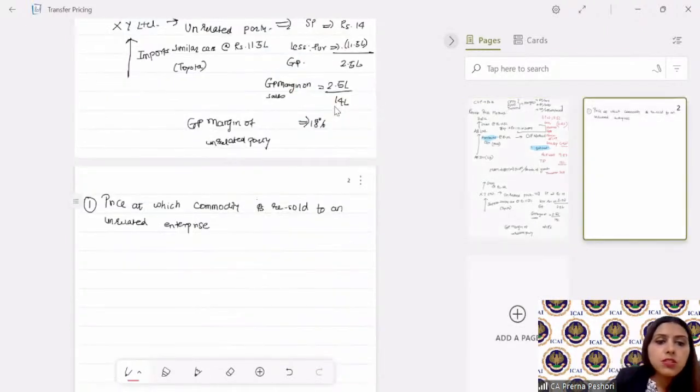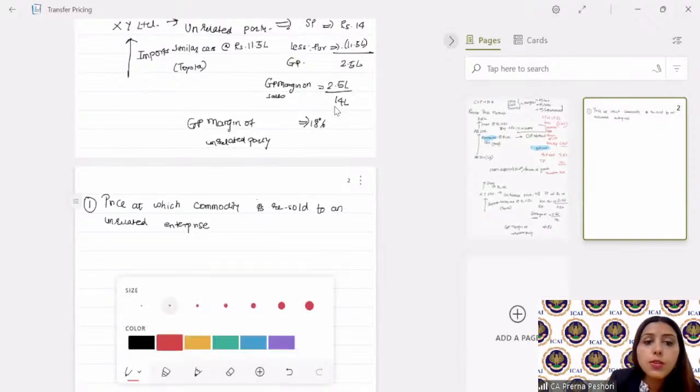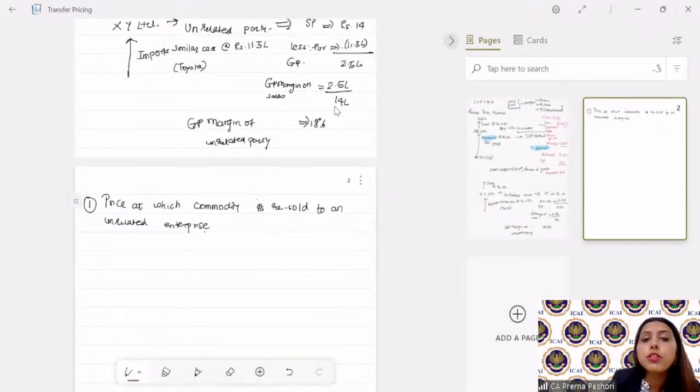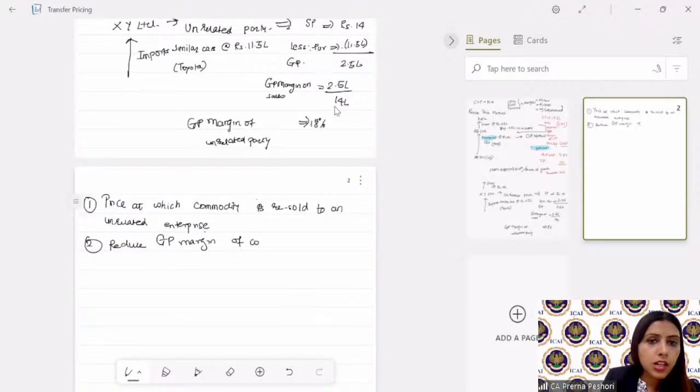So what are the steps here? First, start with the price at which the commodity is resold to the unrelated party. Then from that, reduce the GP margin of comparables.